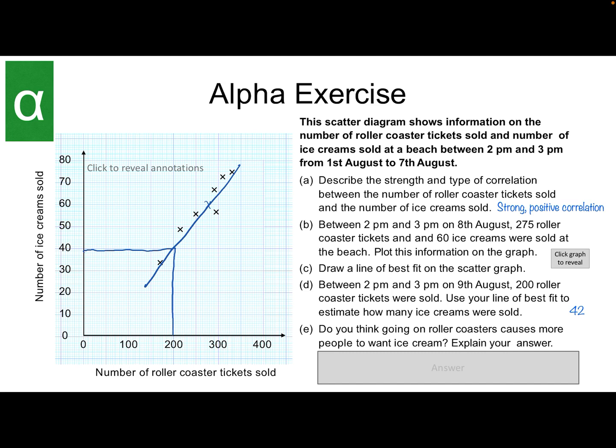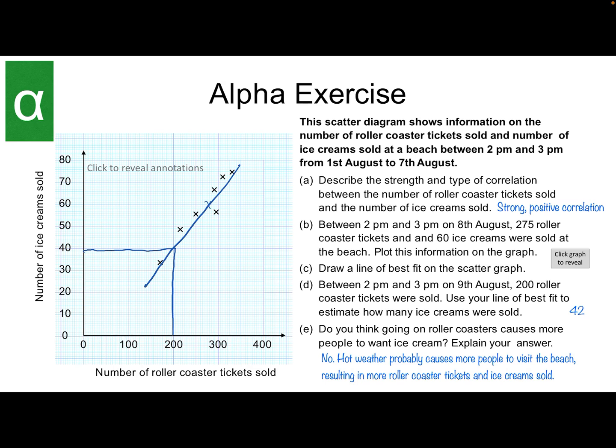Going on a roller coaster doesn't make you want to eat ice cream. It's more that if you're in a place where you can go on a roller coaster, you'll probably buy an ice cream because they sell both in the same place. They say the third variable here, hot weather probably causes more people to visit the beach resulting in more roller coaster tickets and ice creams sold.